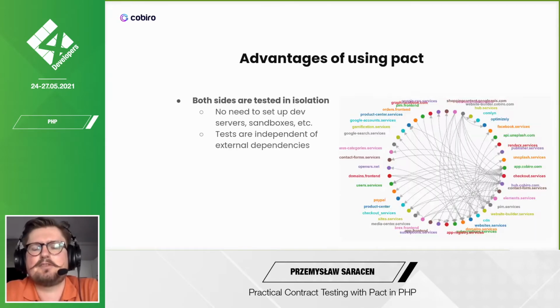The main benefit to it, I've pasted this beautiful microservice diagram. If we would like to, for example, without contract testing, run some integration tests on a development environment, on our local environment and something like that, it will be probably a really hard task.